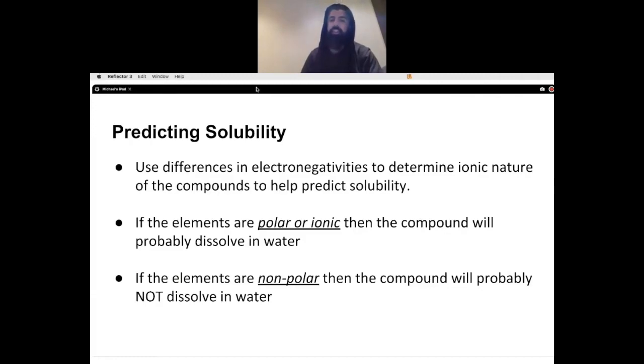When predicting solubility, use differences in electronegativities to determine the ionic nature of a compound to help predict solubility. So let's take, for example, methane, CH4. Understand that the slightly negative aspect here is carbon, but carbon is surrounded by a bunch of hydrogens that are all slightly positive.